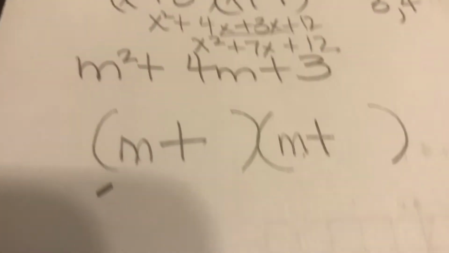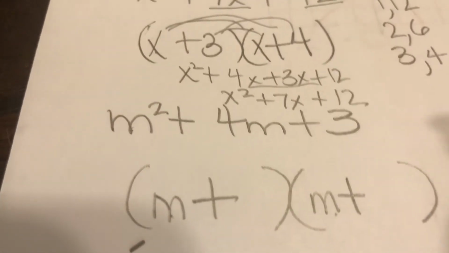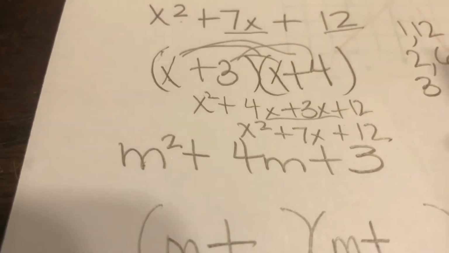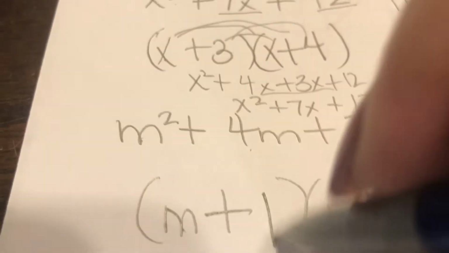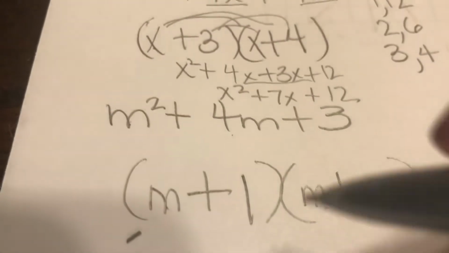And then 3 is prime, so the only possible factors are 1 and 3. If I multiply 1 times m and 3 times m, I get 1m and 3m, which would bring me back to this 4m. So this would be m plus 1, m plus 3.